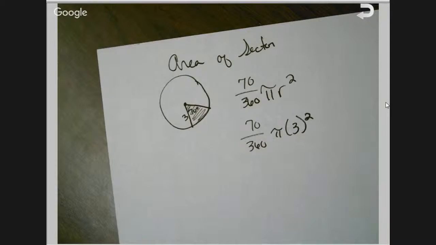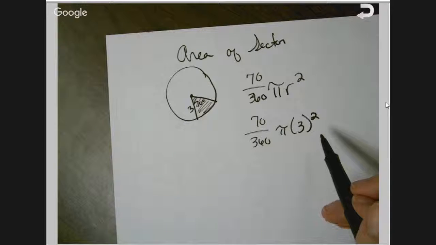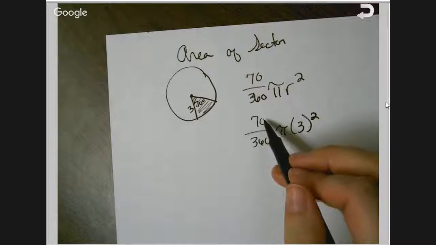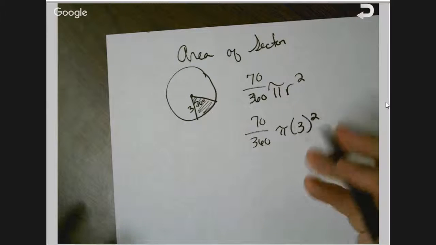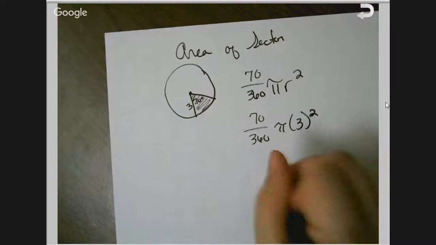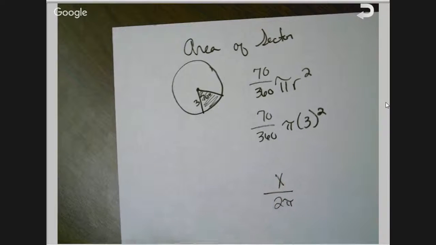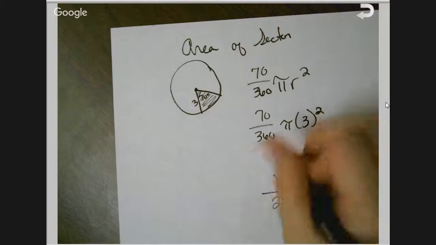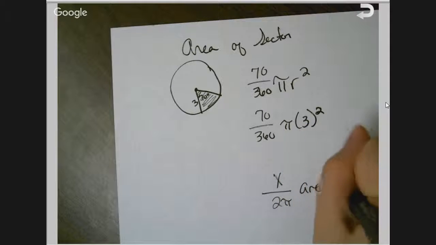Degrees, right? So where are my degrees in this problem? The 360, and also the 70, but obviously it wouldn't have given you the 70. It would have given you pi or something like that. So that's what you change in the formula. Instead of 360, it is 2 pi. Remember, 1 pi is 180, but 2 pi is 360. So it'd be x over 2 pi times either area or circumference, whichever one you needed.